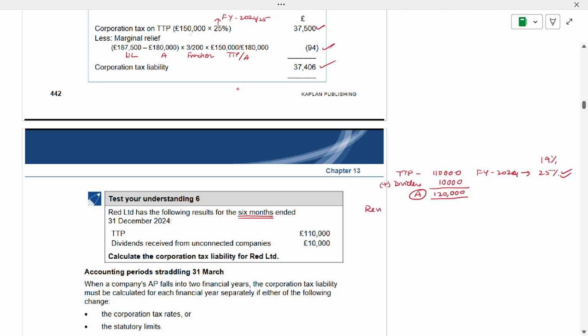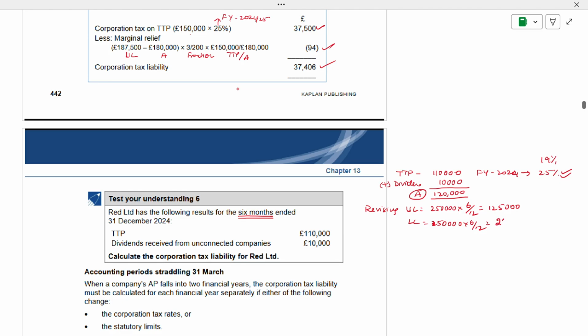What is the upper limit? It is 25% and 19%. We don't take 19%, we take 25%. Now we are revising the limits.